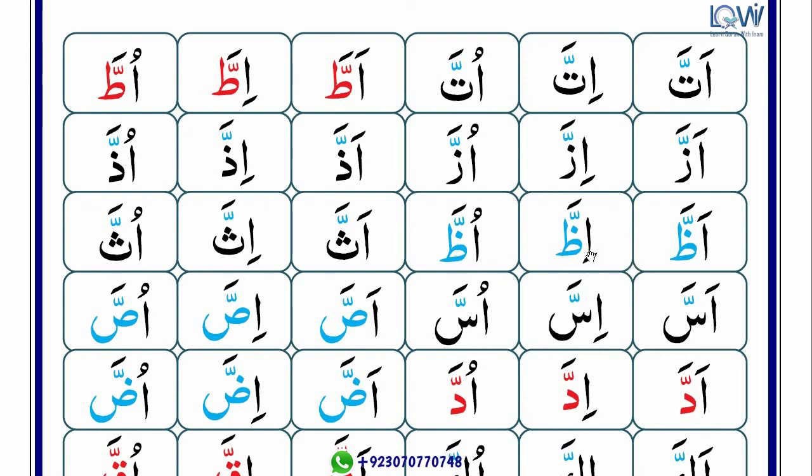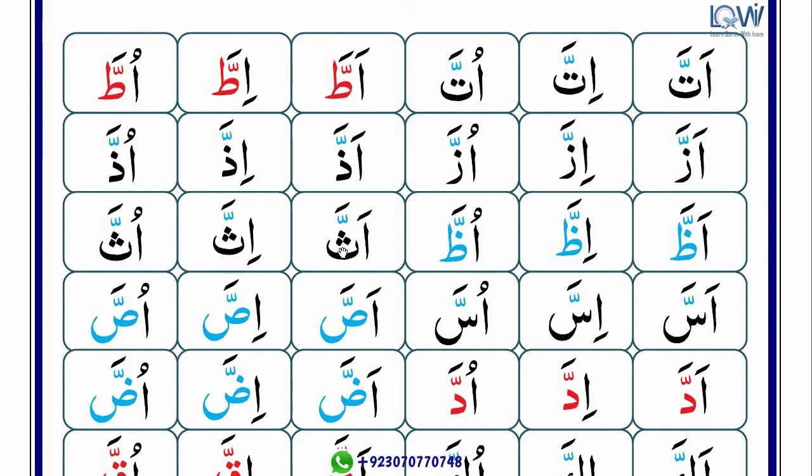You can't read it like azza. It's not wrong, but not a good way to read. If you want to read properly, correctly, then you should make a difference. Okay, so next letter is tha. Tha is not a superior letter, that's why we can't read this letter with a whistle sound. Hamza, tha, zabar ath.